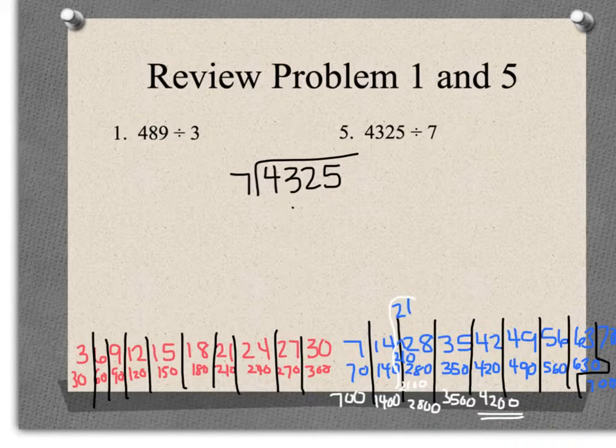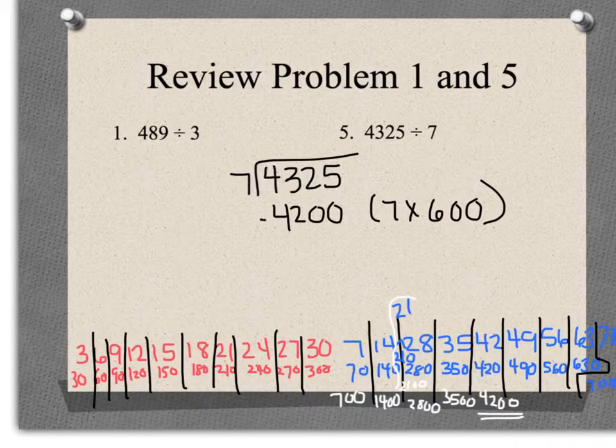So 420 is 7 times 10, 20, 30, 40, 50, 60, making 4,200, 7 times 100, 200, 300, 400, 500, 600. Let's subtract 4,200 as 7 times 600.